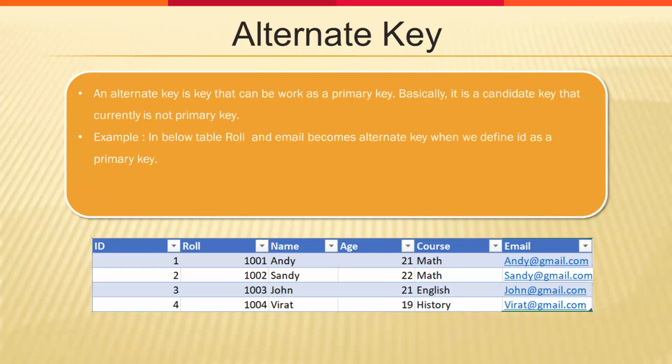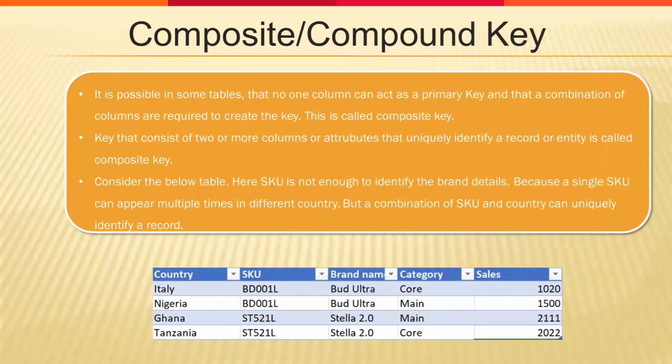Okay. And the next one is alternate key. Alternate key is similar. In this table, we can use either ID, roll number or email, anything we can use as a primary key. That's called alternate key. It's not only one column. If we have more than one candidate for primary key, we can use any one. The next one is composite key.